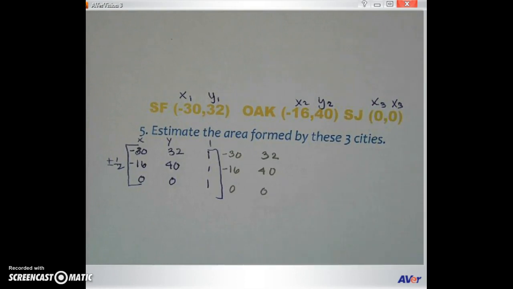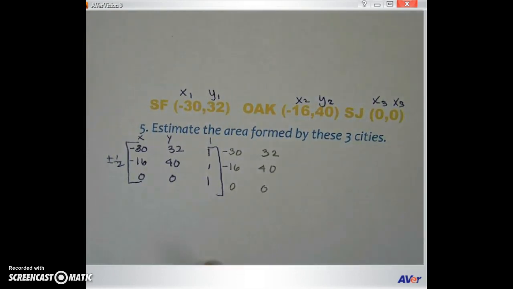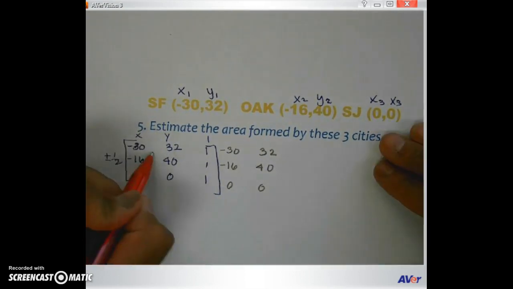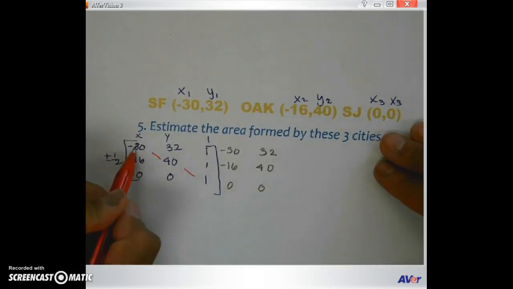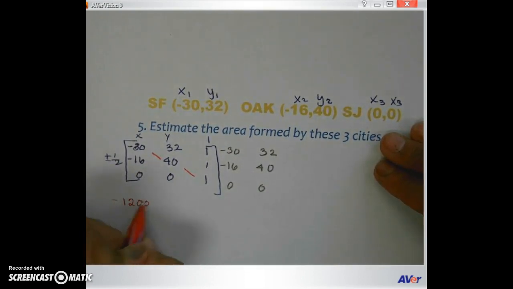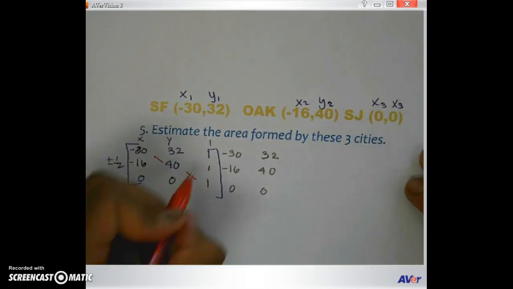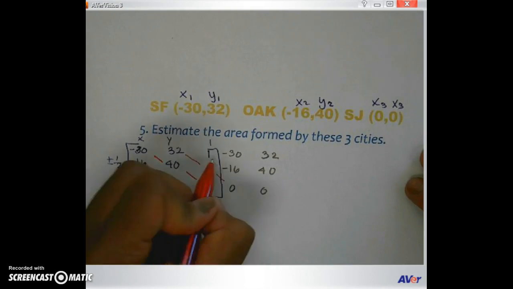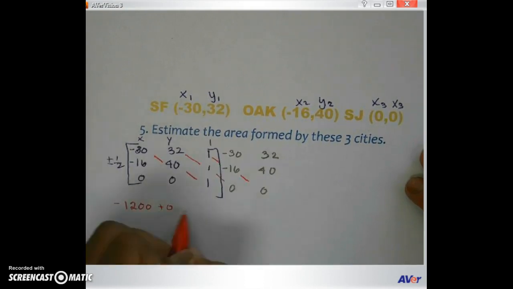Next, go ahead and let's do our cross multiplication, find our cross products. This one's a little bit nicer for us, though. So this one times this one, that's my first one. What's negative 30 times 40? Negative 1200. And then 32 times 1 times 0, I love it, is 0. 1 times negative 16 times 0, 0. That's why we love the zeros in these problems.